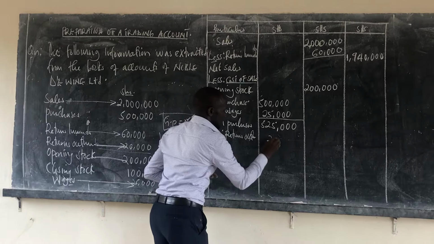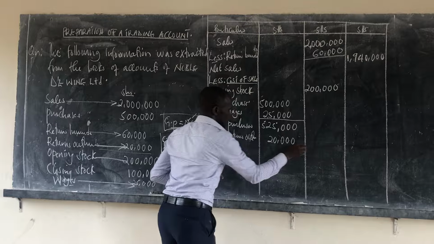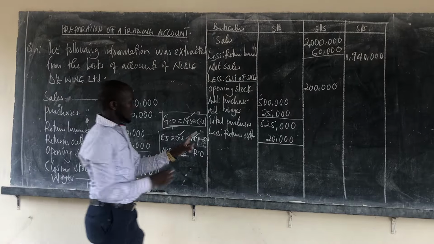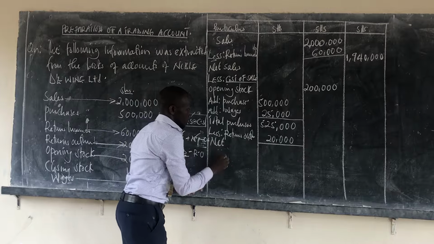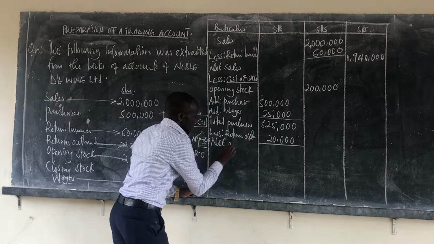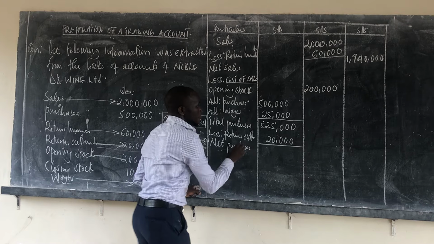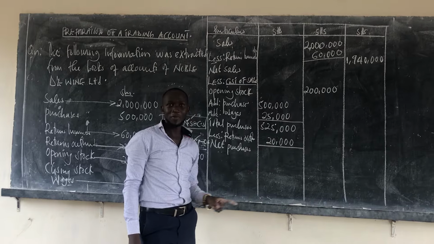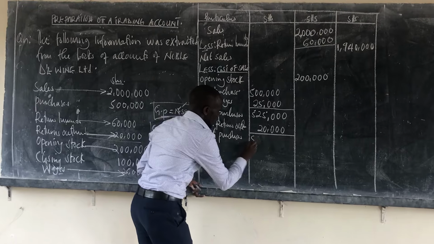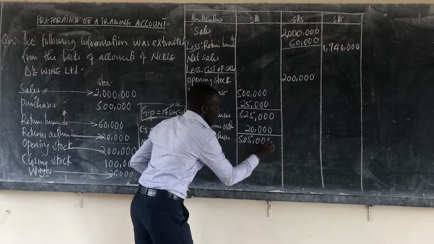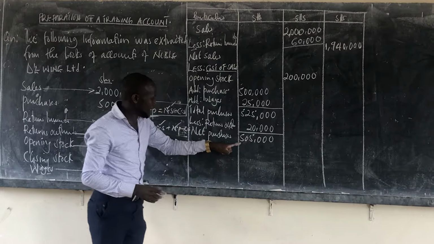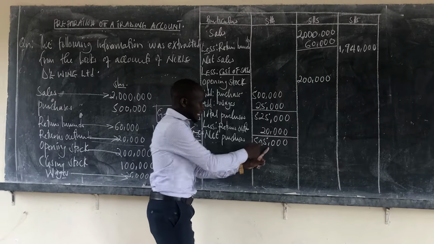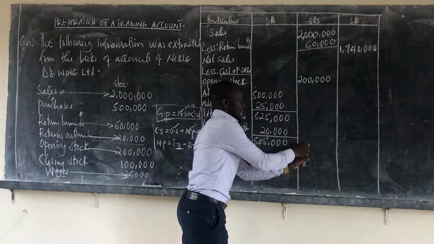So finally we have the net purchases. We have 525,000, we are deducting off 20,000. So we have 505,000 remaining.